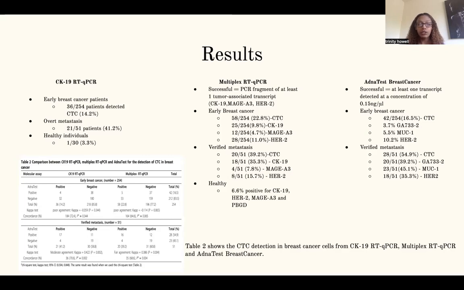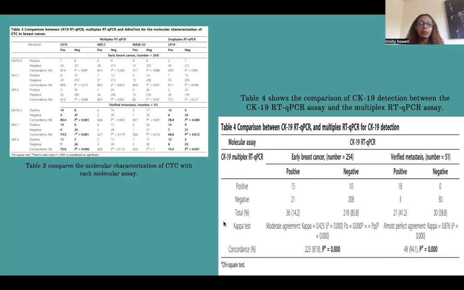In table 2, it shows how CTC was detected in breast cancer cells from RT-qPCR, multiplex RT-qPCR, and the ADNA-test breast cancer, and it compares all 3 molecular assays in that table. Table 3 compares the molecular characterization of the circulating tumor cells with each molecular assay that was used. So the multiplex RT-qPCR, the singleplex RT-qPCR, and the ADNA-test.